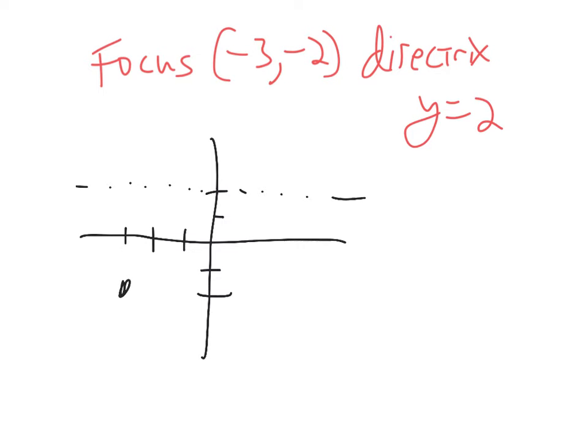So that tells me, I honestly don't know where it goes, but I know it looks something like this, right? And the reason I'm stopping here is because this distance and this distance is called the focal length.